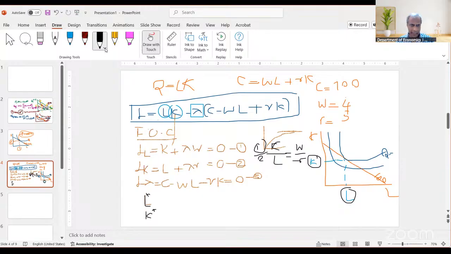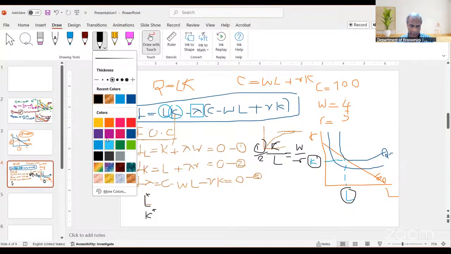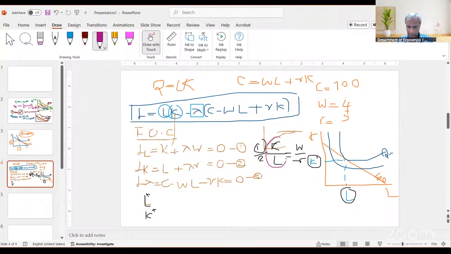Now look at this new thing you got here, K divided by L. When you differentiate the production function with respect to L, the answer you get is the marginal product of labor.